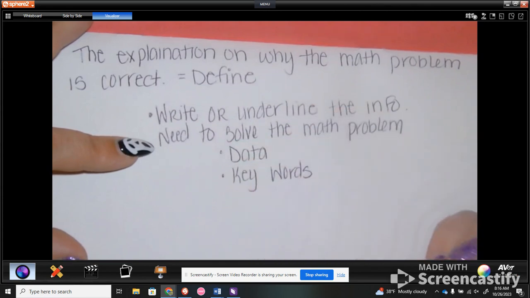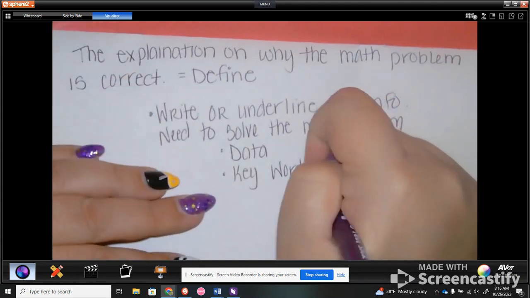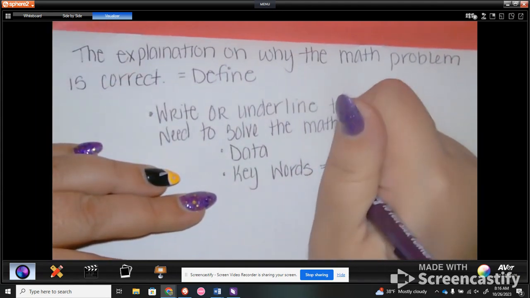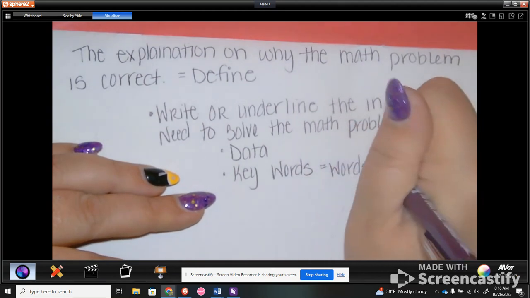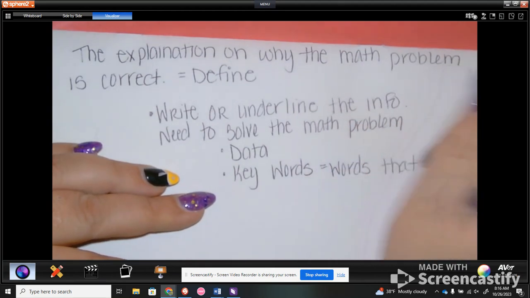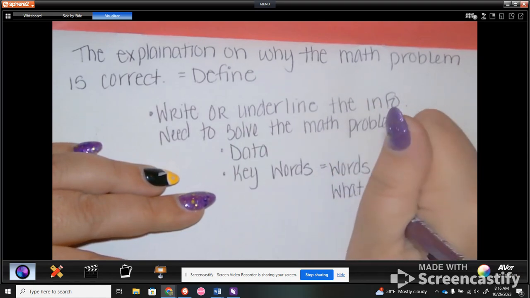Okay. So we're really talking about data or keywords. And when we talk keywords, we're talking about words that tell what operation.